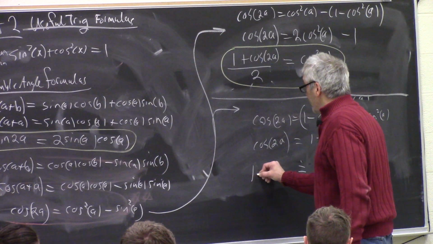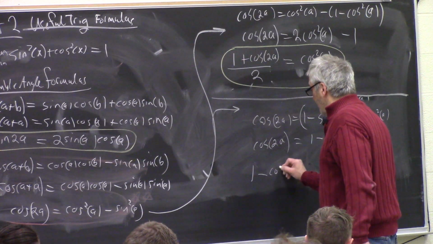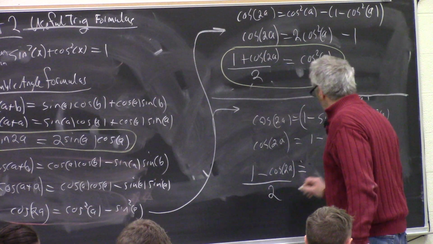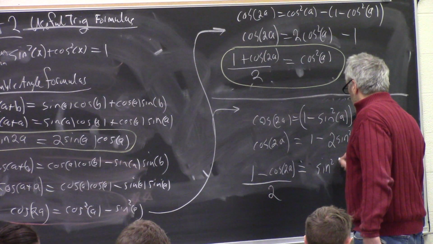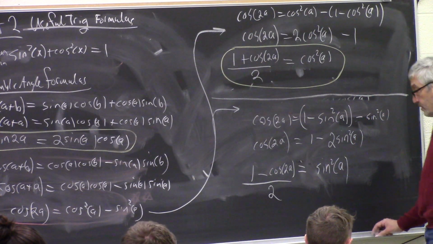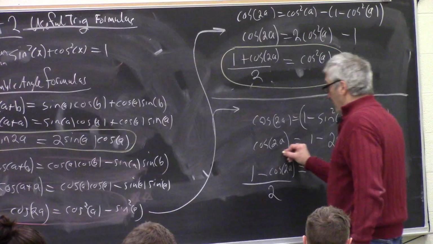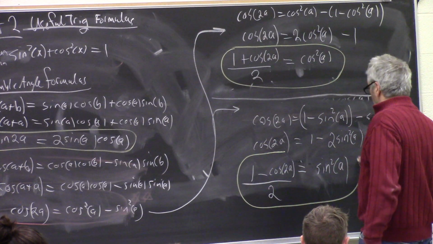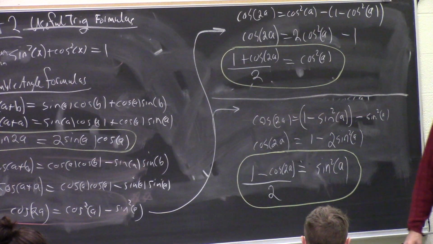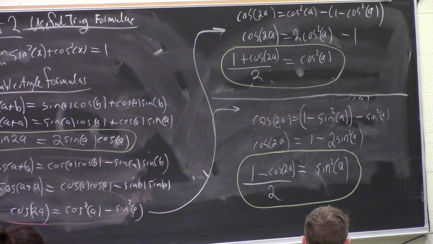So I'm going to end up with 1 minus cos 2A over 2 equals sine squared A. So again, this is just algebra. If you're confused about this, work on it on Martin Luther King Day. All right, that's part 2.